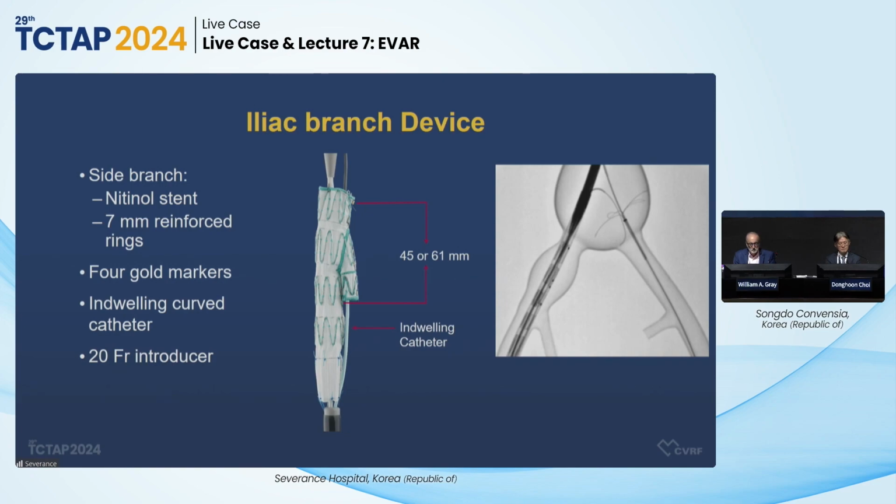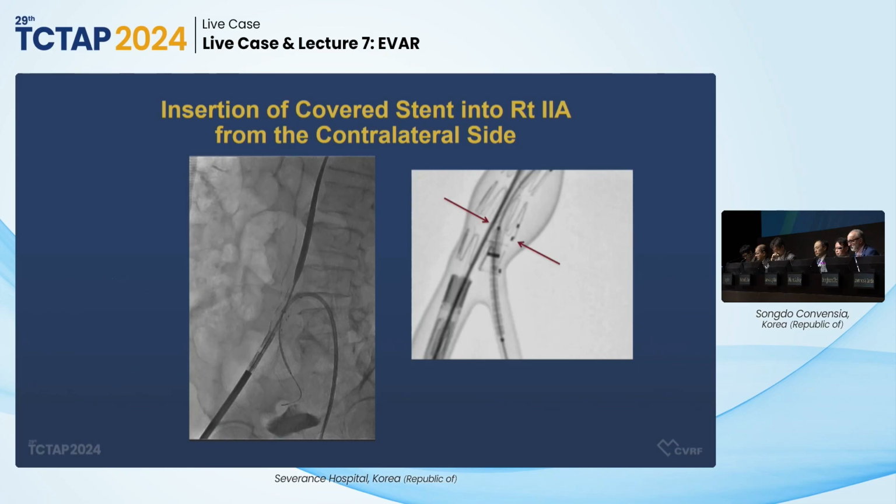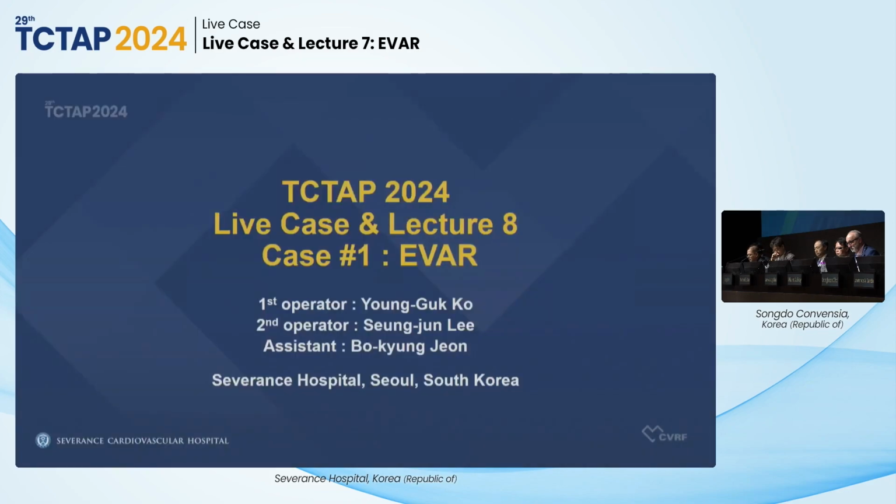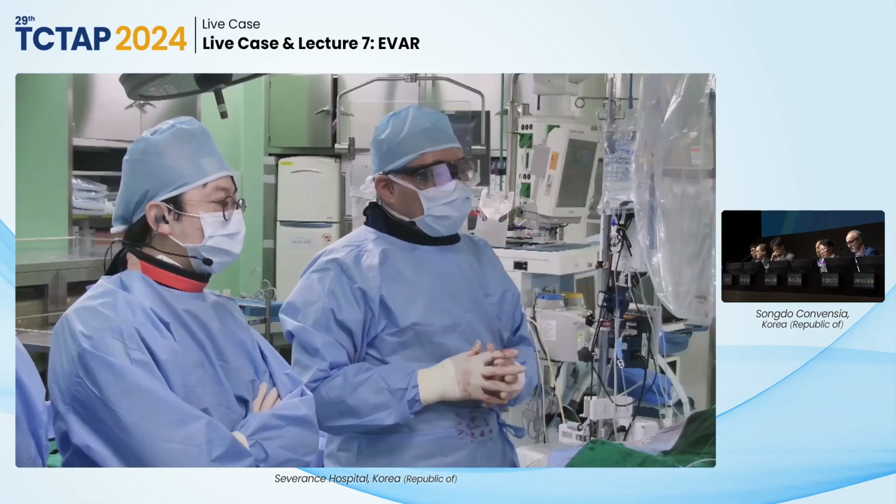Along the externalized wire, we'll insert a sheath into the IBD. And then next slide. Then we'll try to select the side branch from the contralateral side, and then we can insert the covered stent through the side branch of the IBD. Next. So far this is our plan. Do you have any question about our plan?